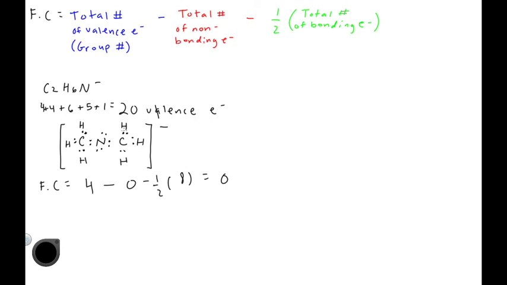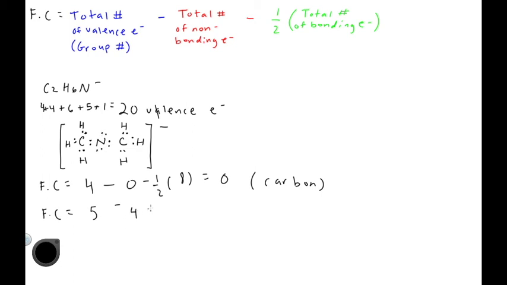So for the formal charge of nitrogen, a free nitrogen atom has 5 valence electrons. So now let's do the formal charge of nitrogen. Right, this is carbon over here. And now let's do nitrogen. So nitrogen has 5 valence electrons. Since it's in group 5, it has 4 non-bonding electrons, right? 1, 2, 3, 4.